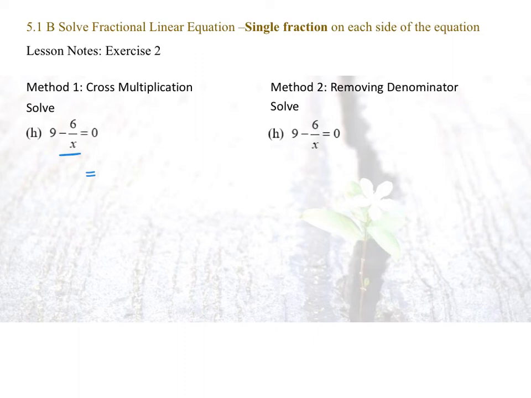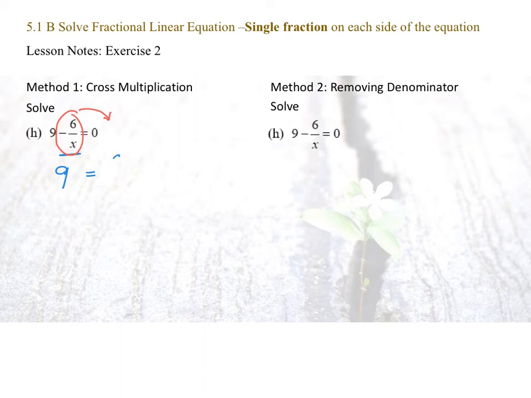So we keep 9 on the left hand side, and originally this is subtract 6 over x. If this term were to migrate over, instead of doing a subtraction, we'll be doing an addition. So it'll be 0 plus 6 over x.